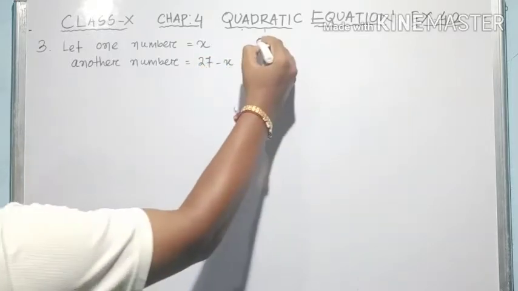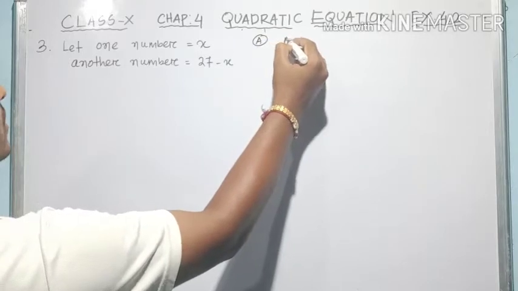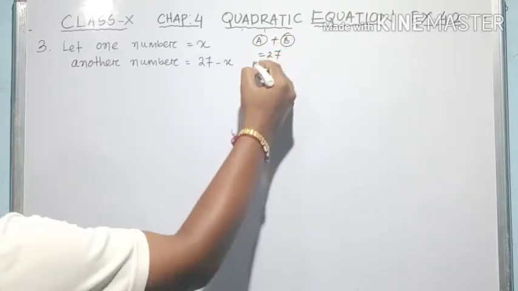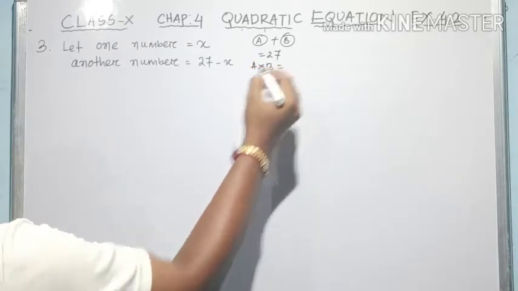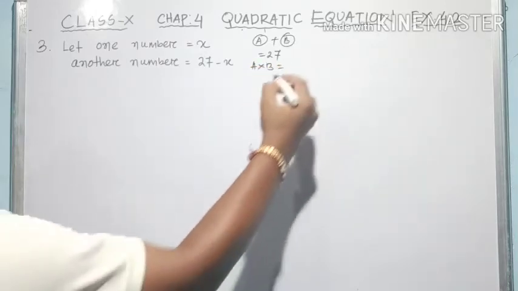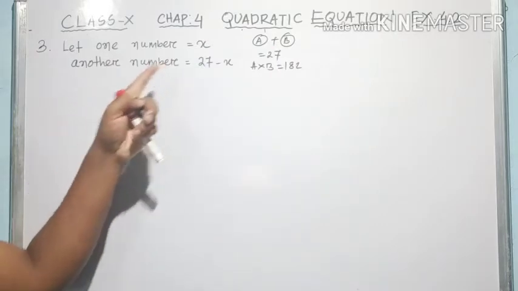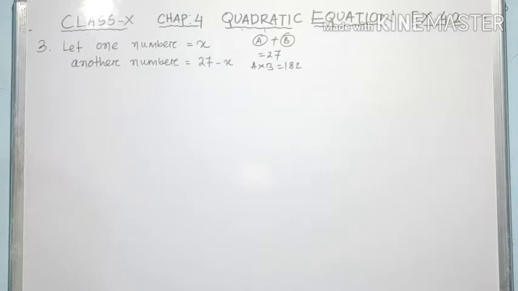Suppose you have two numbers a and b, it is given that a plus b is equal to 27 and a into b is 182. So you have to make an equation by using these two conditions. If one number is x, then another number will be 27 minus x, as the sum of the two numbers is 27.